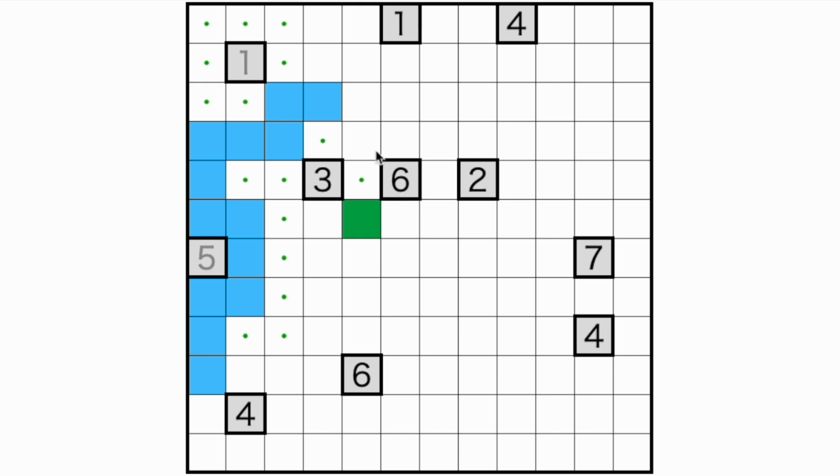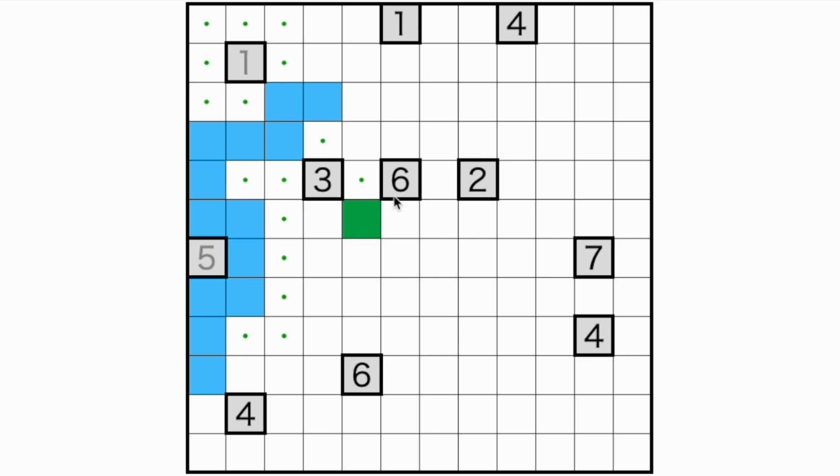We've got 6 out of the 8 cells here that are shaded, and this one is not. So of the remaining 1, 2, 3, 4, 5, 6, 7 cells, 6 of them need to be shaded, and we have a 2 clue right next to it that will only allow 2 of these to be shaded.